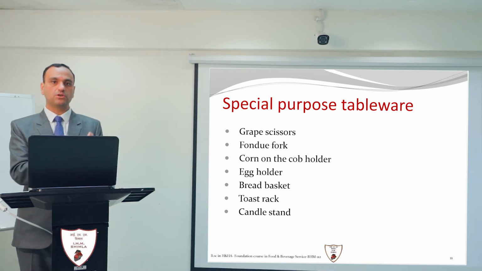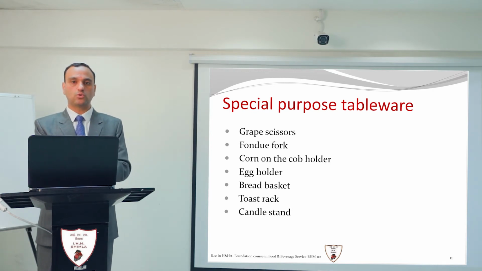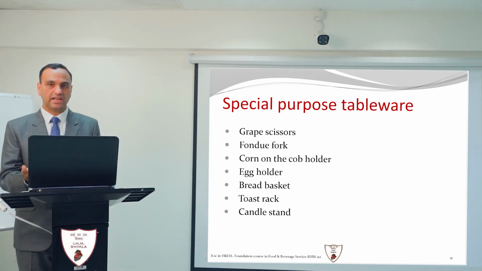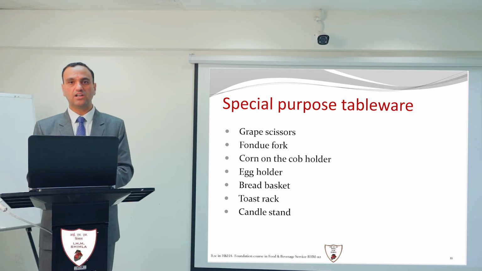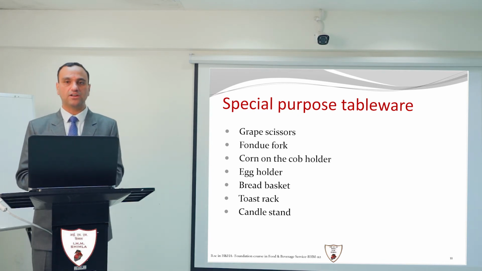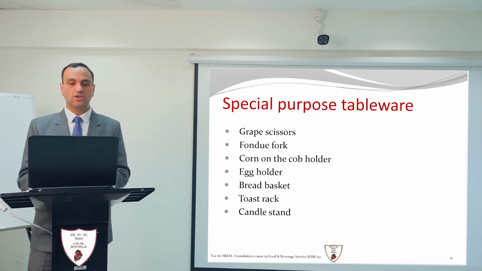There are sections in a toast rack. You can place the toast in that rack and you can comfortably serve it to the guest. Next is the candle stand. A candle stand is very common equipment used in most restaurants, as you might have heard about candlelight dinner as well. So for that you need to have a candle stand in a restaurant so that you can place candles and light them for a better experience.